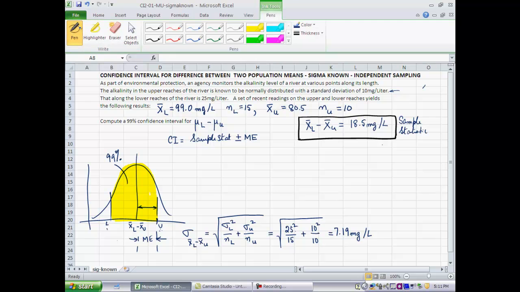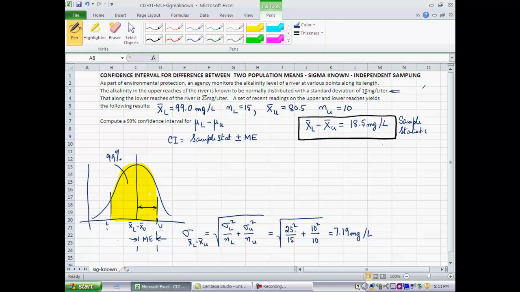So we are told that the alkalinity level at the upper part of the river is normally distributed with a standard deviation of 10 milligrams per liter, and the alkalinity level at the lower reaches of the river is also normally distributed but with a standard deviation of 25 milligrams per liter. So sigma 1 and sigma 2 are given to us.